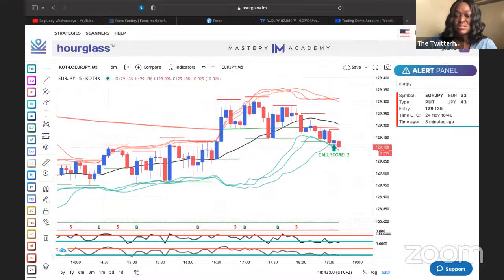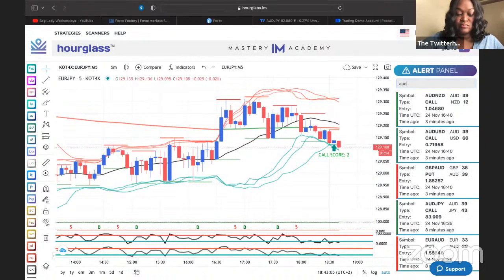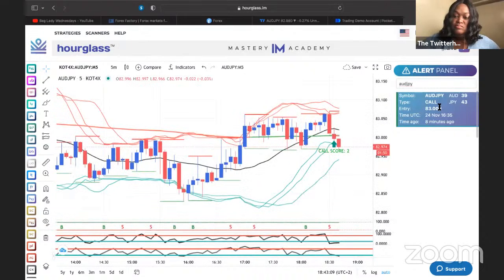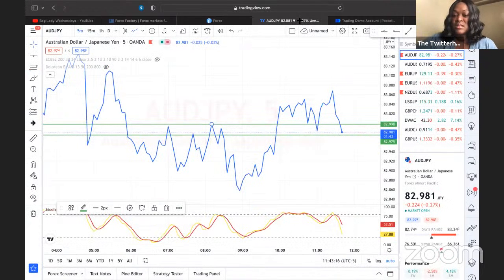Yeah, this needs to pull back. We need a huge pullback here. I'd need to see it pull up to 998.